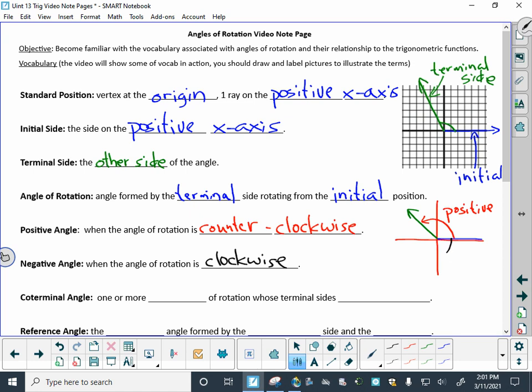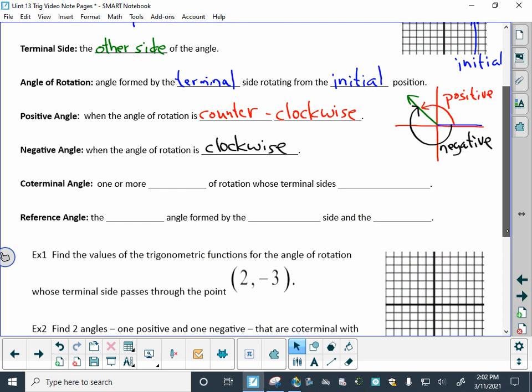But if I viewed it as moving that thing around this direction, then I could also view it as a negative angle. Okay, so the direction that I'm spinning makes a difference of whether I'm calling it positive or negative. We need to understand which direction is which.